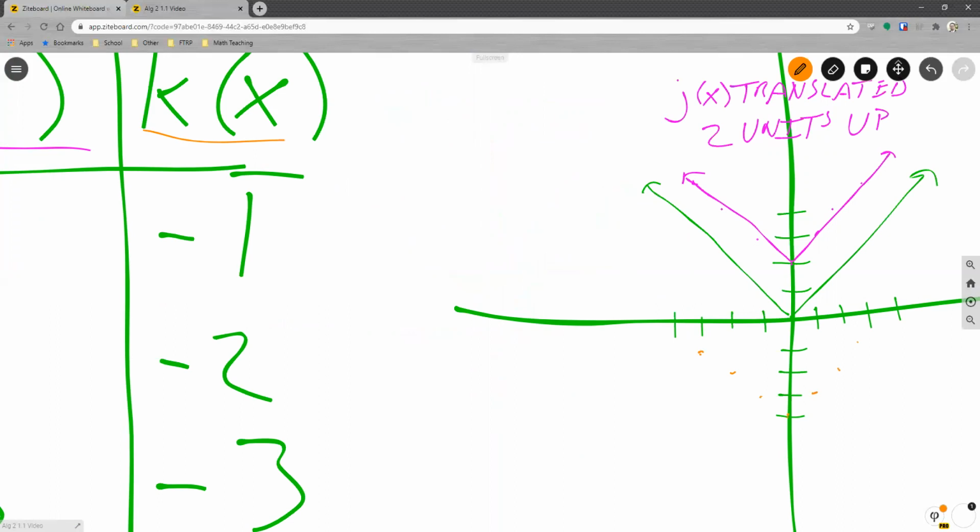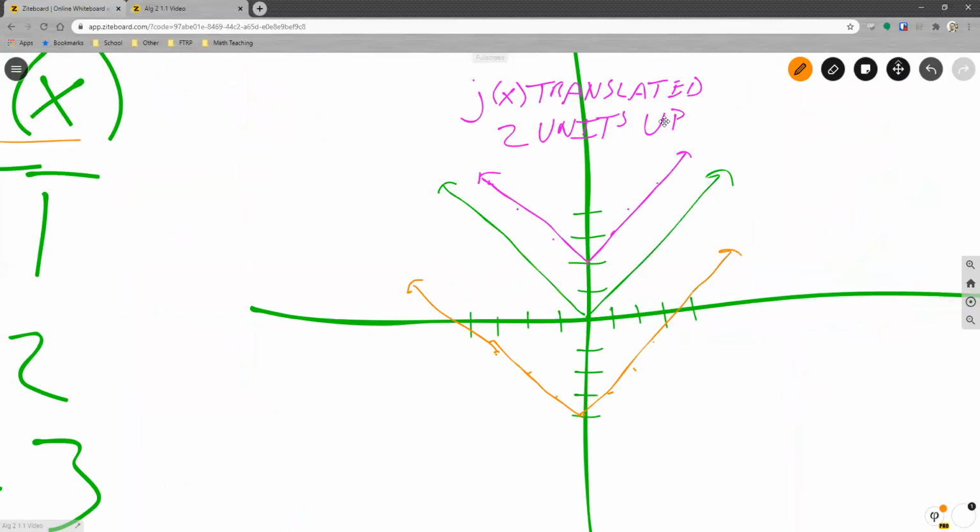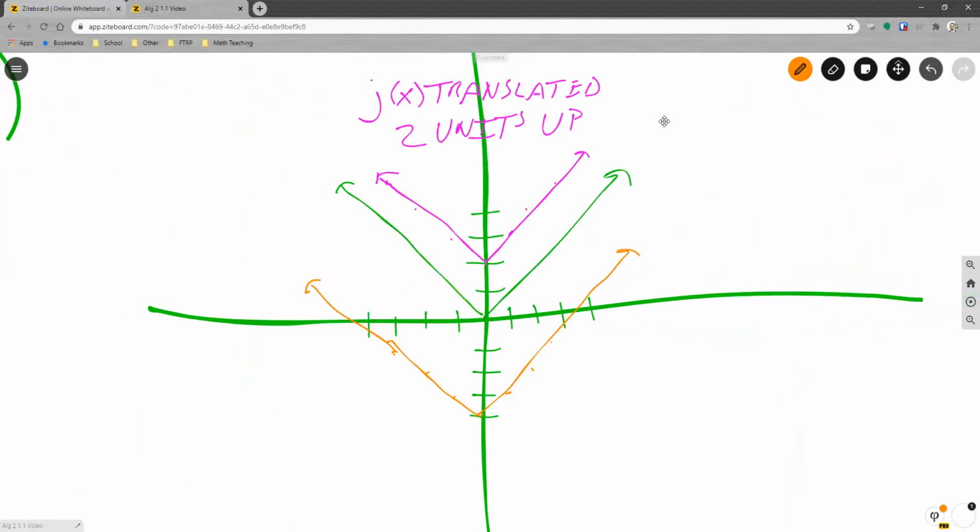And what that results in is, again, my same shape, but in this case, it's been moved down some units. And I could say that k of x is translated 4 units down.